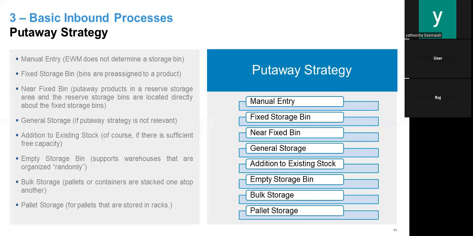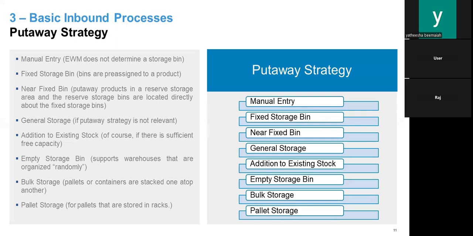These are the different put away strategies: manual entry and fixed bin. Manual entry means the user enters the storage bin manually during warehouse task creation. The fixed storage bin is a strategy where a particular product is always stored in that particular storage bin.